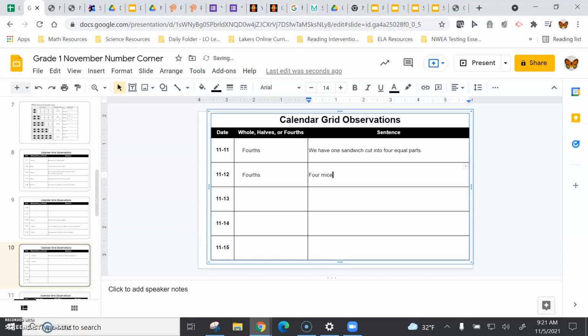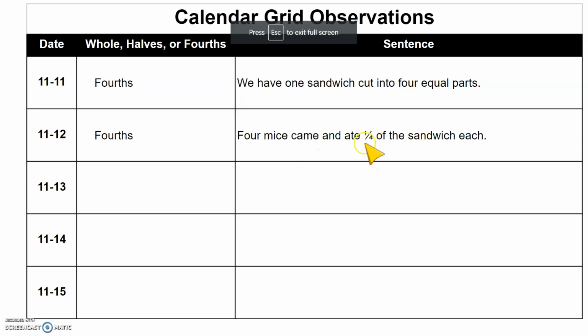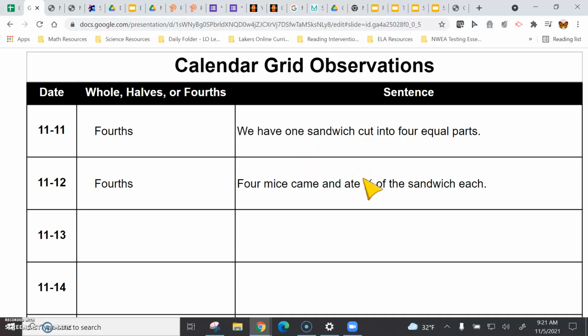Four mice came and ate 1/4 of the sandwich. Each one of them had one out of the four parts. 1/4, one out of the four parts.